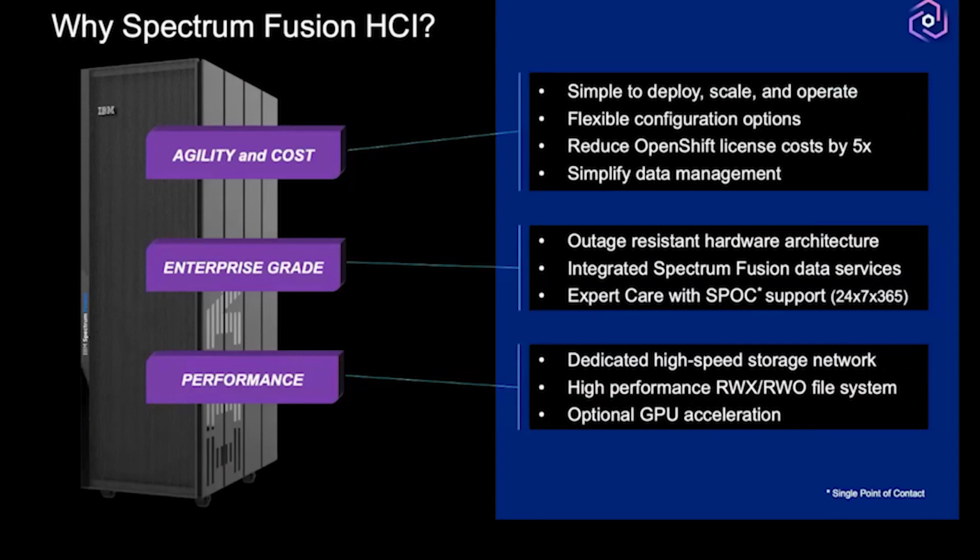Many AI and machine learning applications require GPU acceleration for training and inference, and Fusion HCI can provide this in servers populated with NVIDIA A100 GPUs. Model training is also supported by Spectrum Fusion HCI's high-performance file system that is powered by world-class Spectrum Scale technology, providing high throughput needed for model training.